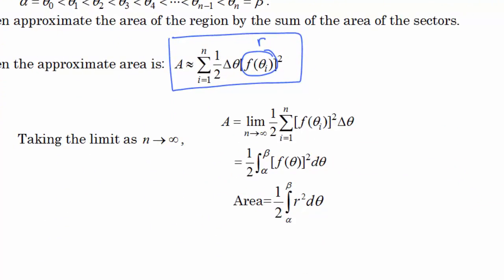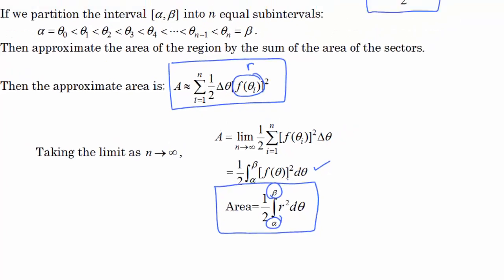And of course, if we take the limit as n approaches infinity of that area, we get the definite integral. And so the area of a polar region can be defined as 1/2 r squared, where r is a function of theta, d theta, between two given angles.